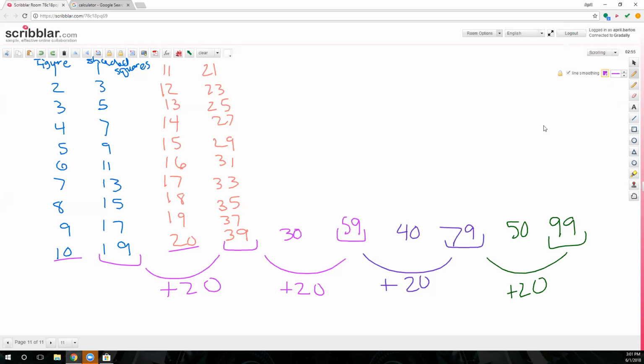You could just go 21, 22, 23, 24. So you can write it out to find the answer. It's just a little time consuming, but it will still get you full points. If you write this entire table out and get to 99 as your 50th block, you'll still get full points on that.